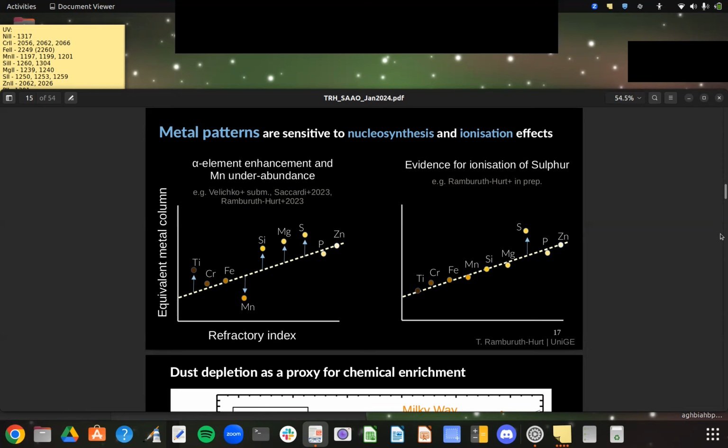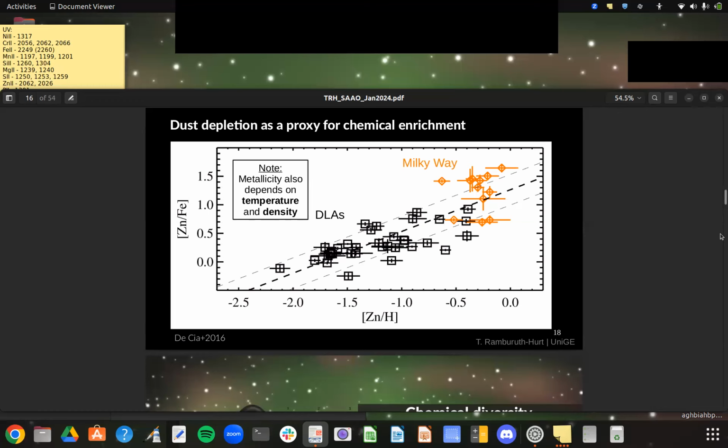We see nucleosynthesis in the form of the enhancement of alpha elements and an underabundance of manganese. And then we can see evidence for ionization by an overabundance of sulfur. And I'll talk about that a bit more later.